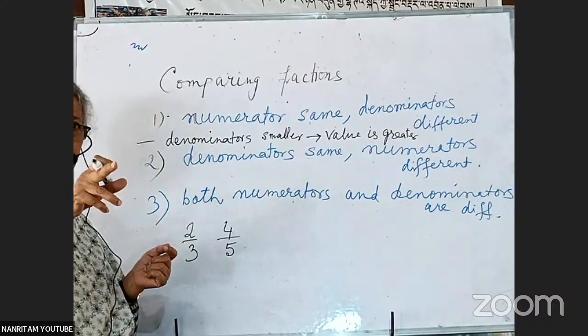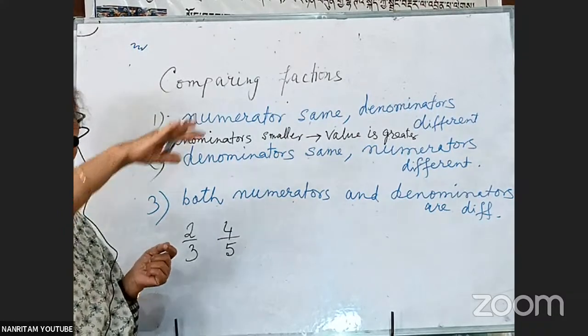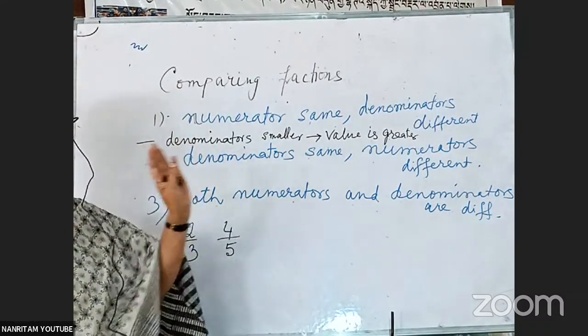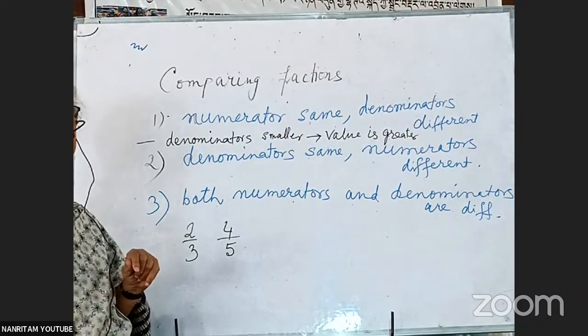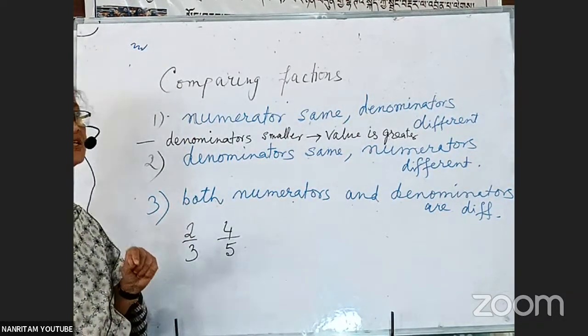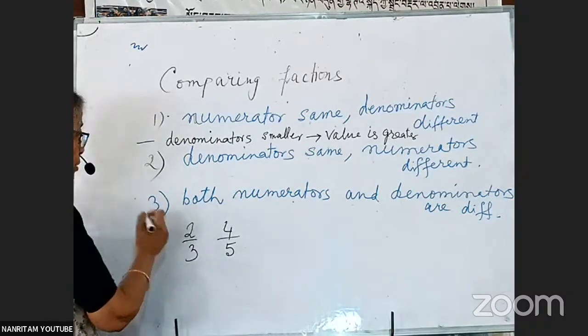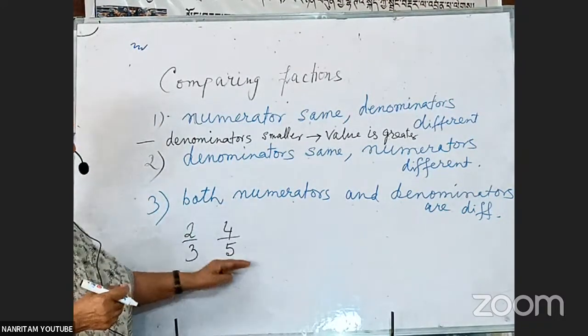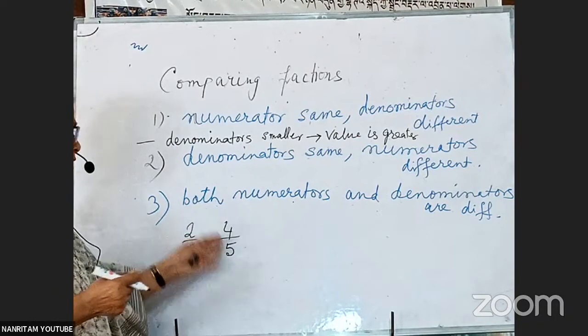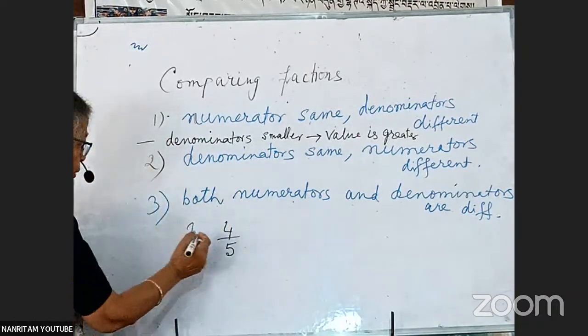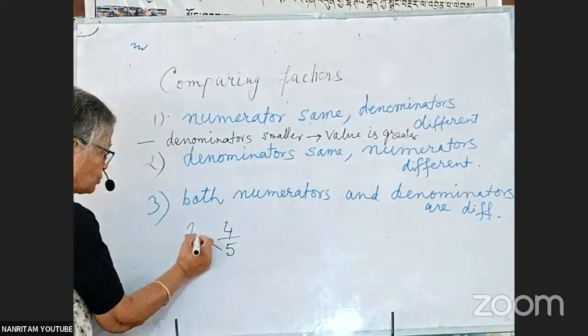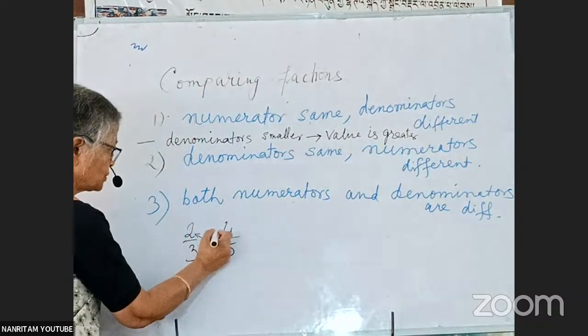Many of you may not have taught it, but it is a shorter way, and there is a reason why it works. With cross multiplication, we don't have to do LCM separately. What we do is multiply this one with this one, and this one with this one.